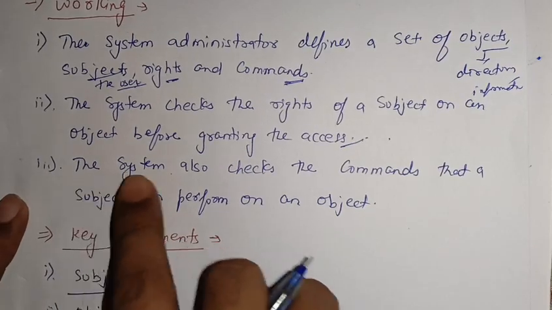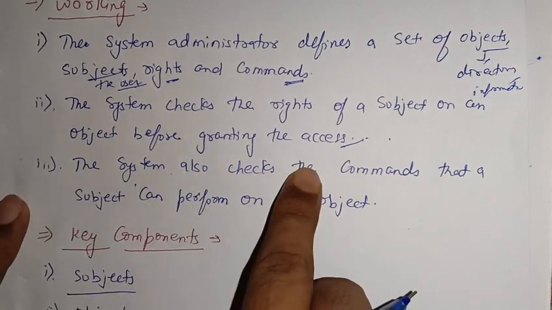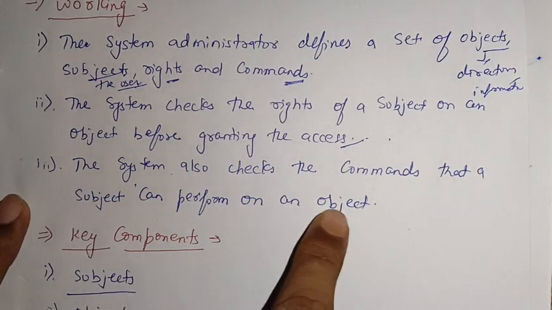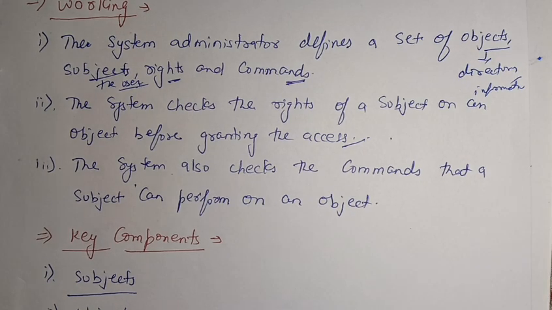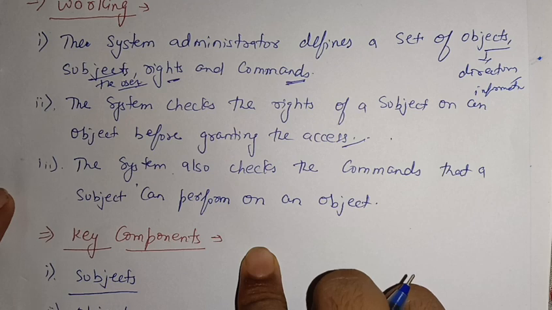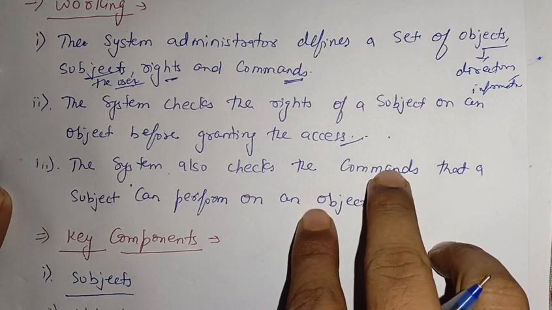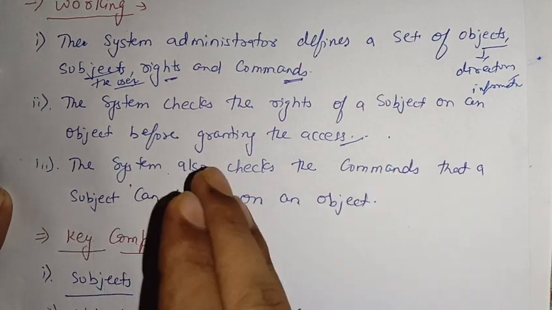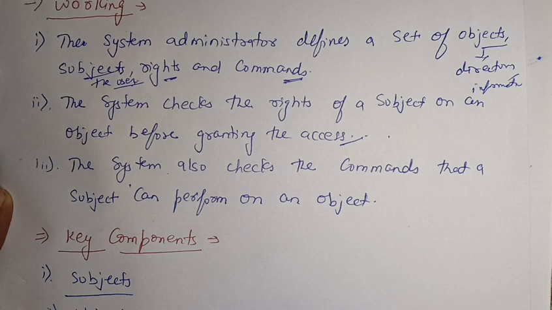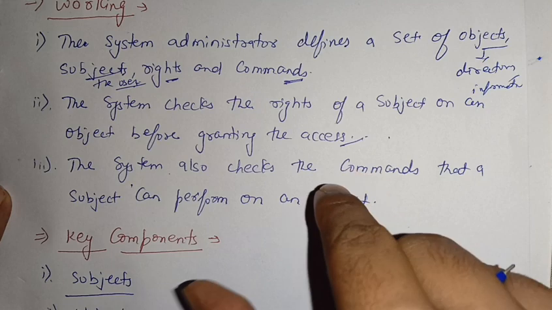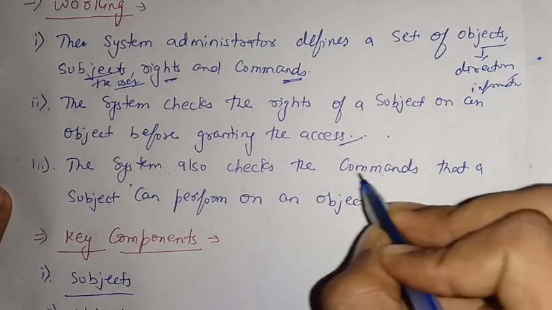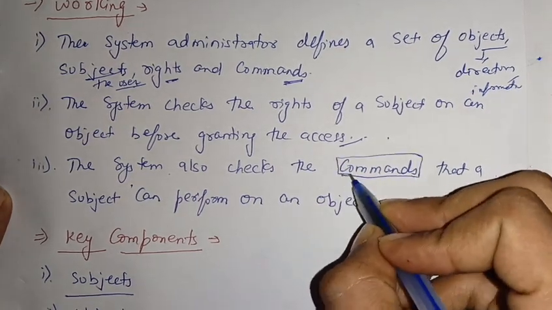Third, the system also checks the commands that a subject can perform on any object. In any organization, many employees work in the same field, but their particular directions are different, that is, they have their respective domains while the main field is the same. At that time the system first checks the commands.